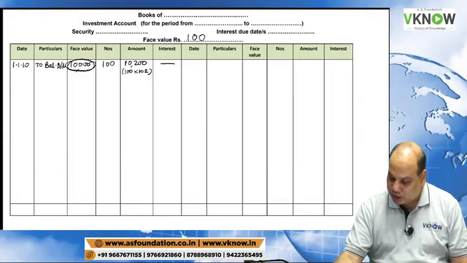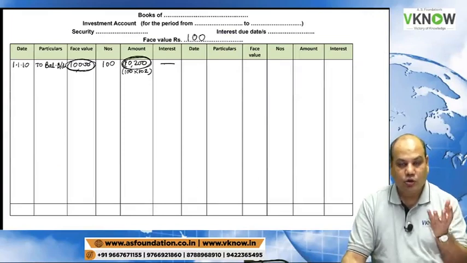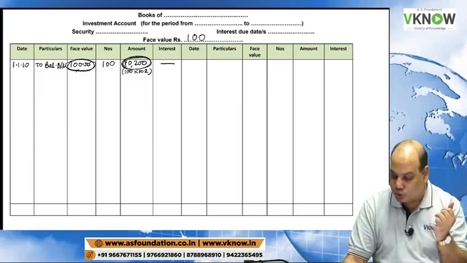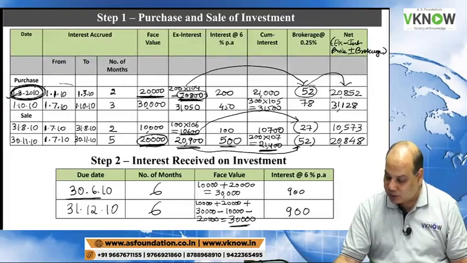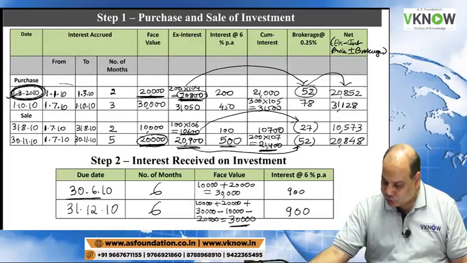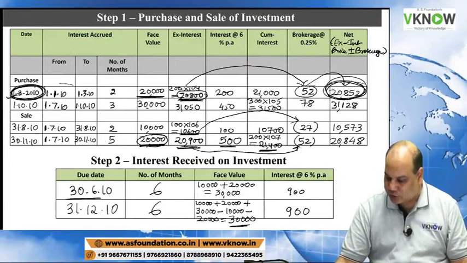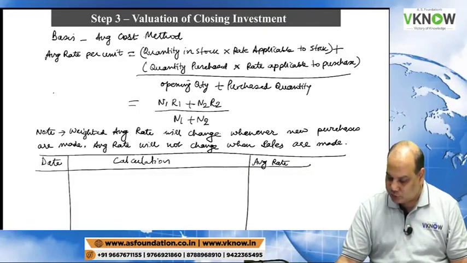My opening balance is 10,200. Can you see 10,200? Before we made the fresh purchase, I had investment of 10,200, plus I purchased inventory whose cost is on the screen, 20,852.